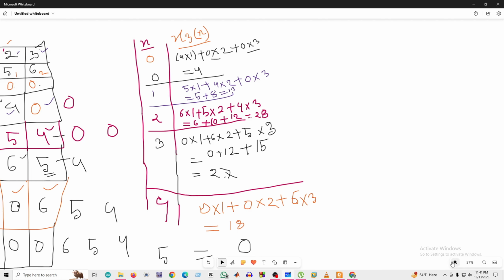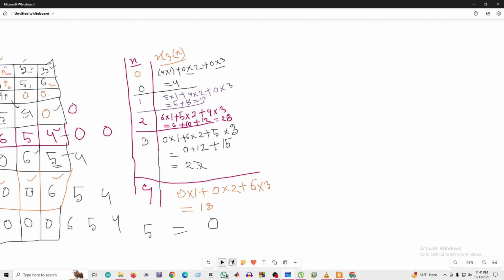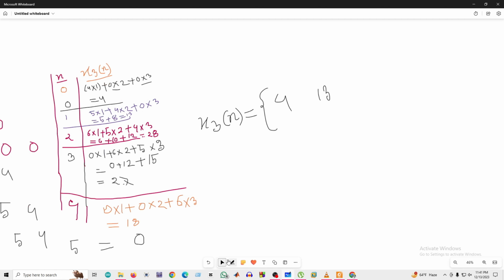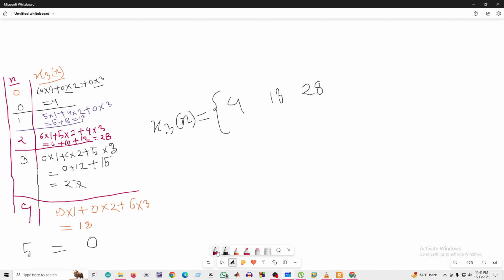So you have all the sample data at the output x3 of n, which is your convolution result. So now if you want to write your convolution result, x3 of n is equal to 4, 13, 28, 27, and 18, and your next samples are all 0.